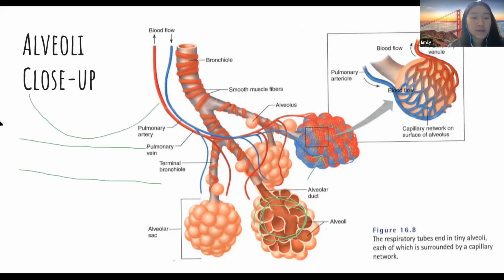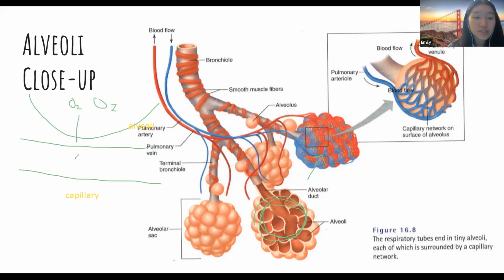So if we have an alveoli here, this can be the alveoli. And this can be the capillary. We're going to have a lot of O2, a lot of oxygen in the alveoli, and not a lot in the capillary. So things always move from high to low because they want to equal out.